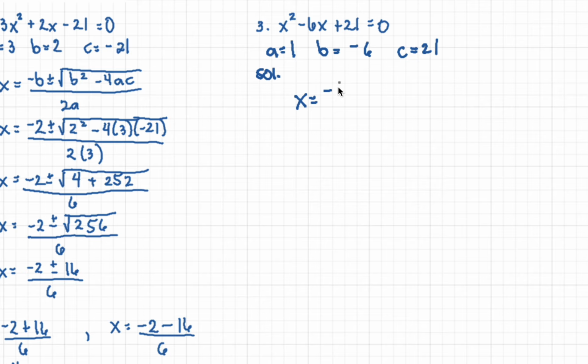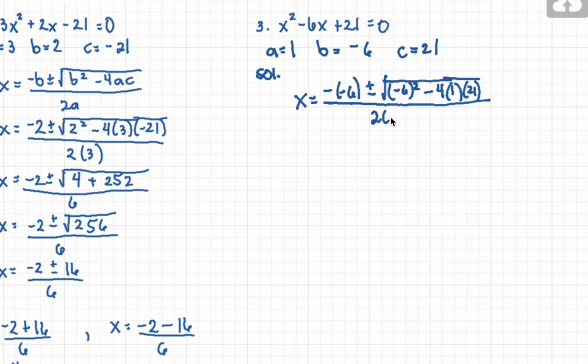Dito is negative 6 plus and minus the square root of, ano ang b ulit? So, negative 6 squared minus 4 times a is 1 and c is 21 all over, okay, 2 times a, so here a is equal to 1.